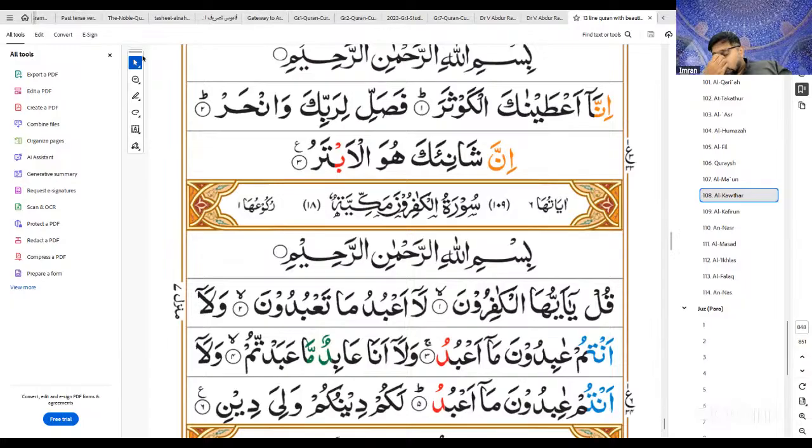If you have a four-letter verb and you want to make the command of a four-letter verb, what will happen is that you drop the first letter of the present tense, and you make the last letter of the present tense from a dhamma to a sukoon, and you make the command. Sabbaha yusabbih, sabbih. Dhakkara yudhakkir, dhakkir. Sallama yusallim, sallim.